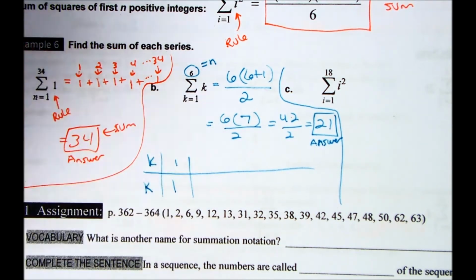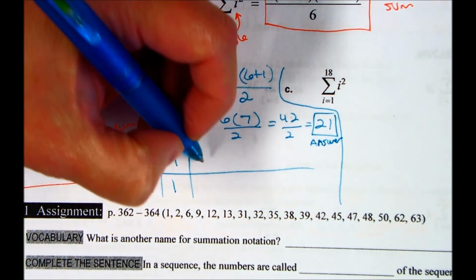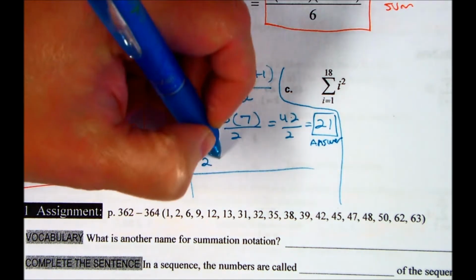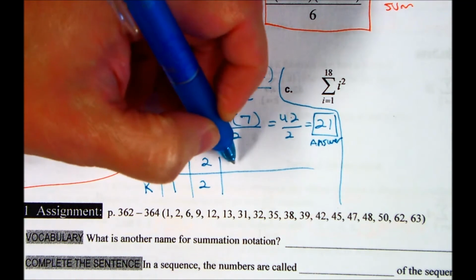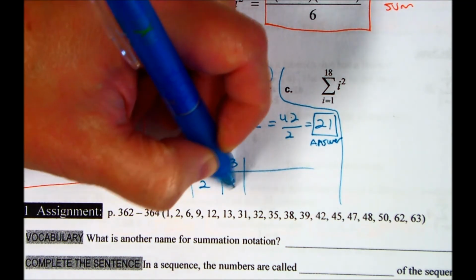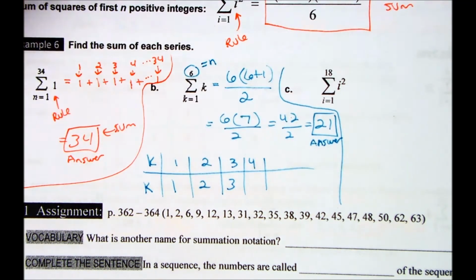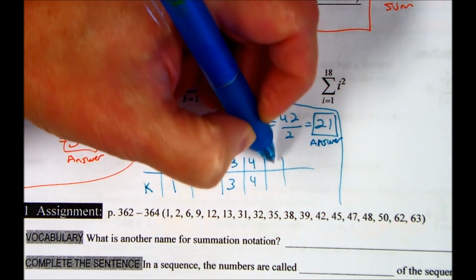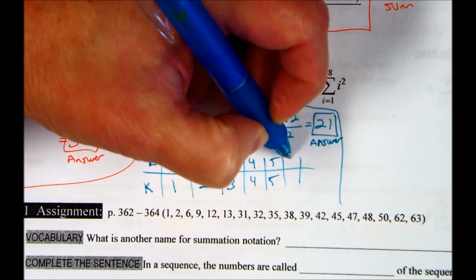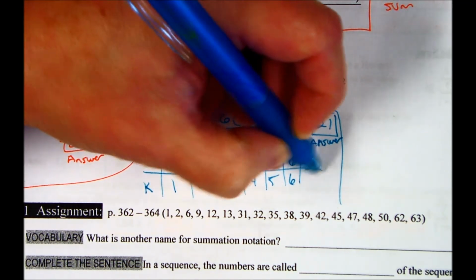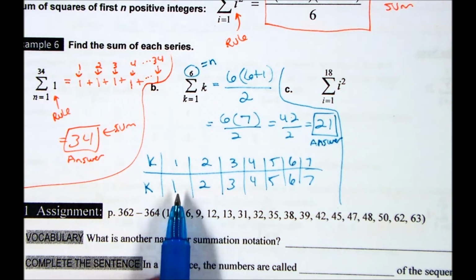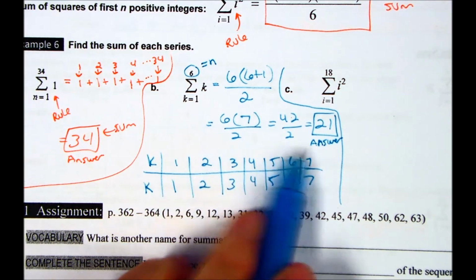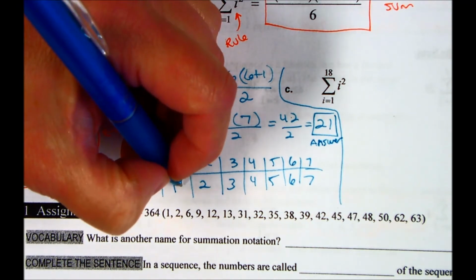If I put 2 in, I'm going to get 2 out. If I put 3 in, I'm going to get 3 out. If I put 4 in, I get 4 out. If I put 5 in, I get 5 out. 6, I get 6. 7, I get 7. So these are my output values, which are the same as my input values.